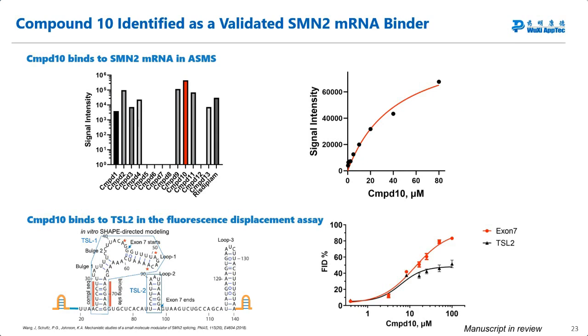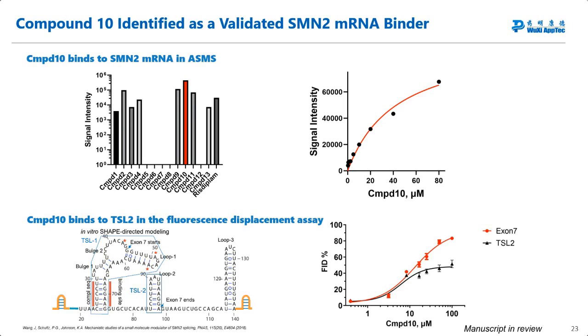Then, we did another assay, the fluorescence indicator displacement assay, using a published RNA dye. Other than the RNA fragment presented in the DEL selection, the truncate with only terminal stem loop 2 was also assayed in parallel, in order to figure out whether compound 10 binds to this terminal stem loop 2.